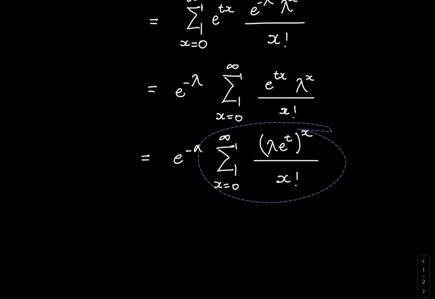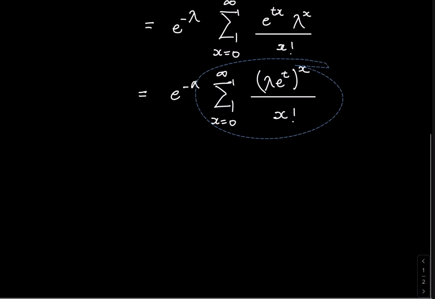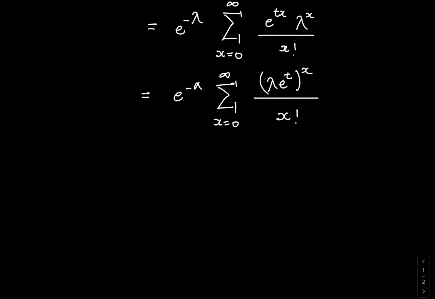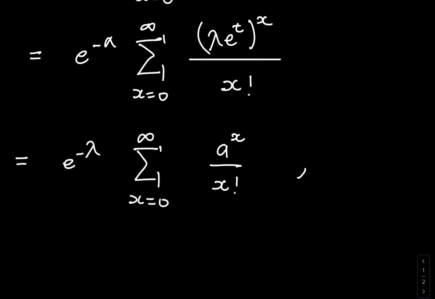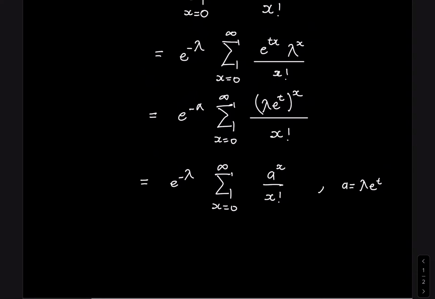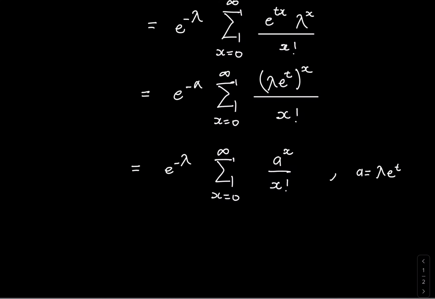Maybe not exactly, but if I rewrite this as e to the negative lambda, sum from x equals 0 to infinity, of a to the x over x factorial, with a side note that a is equal to lambda e to the t, perhaps it looks more familiar.